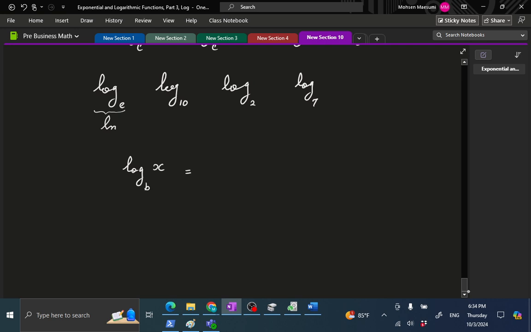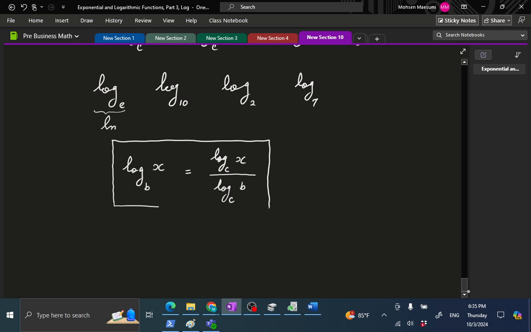If you want to convert this thing to some other base, let's call that base c, say, for common. So logarithm of x in base c, if you take this and divide it by logarithm of b in base c, you get logarithm of x in base b. It kind of looks like dealing with fractions, but well, it's not.